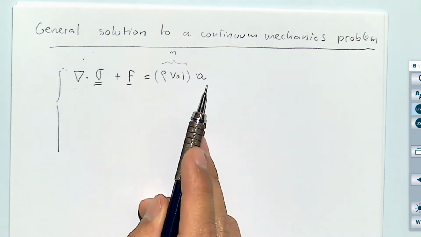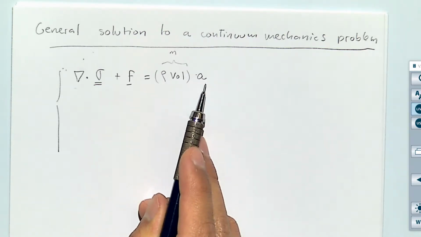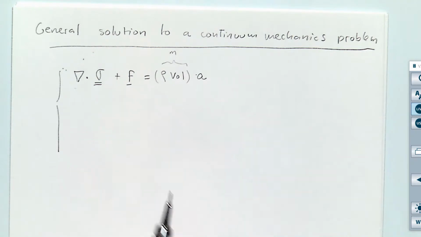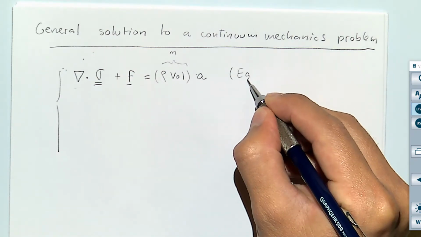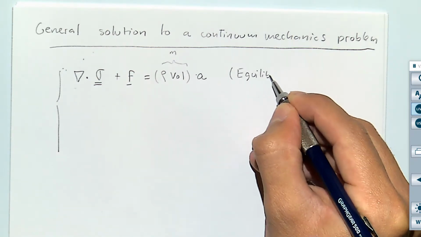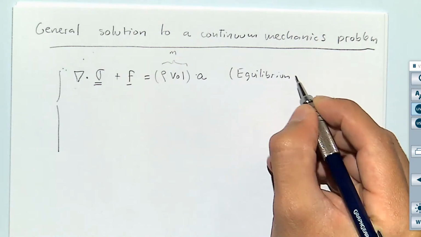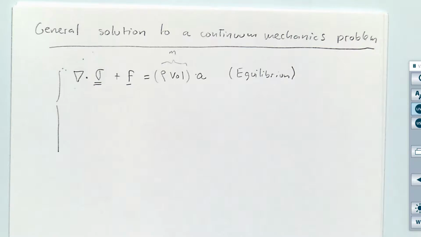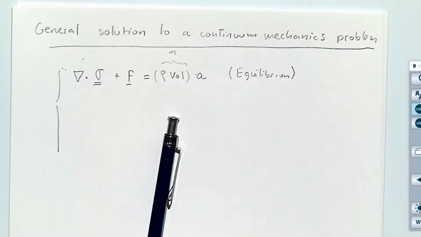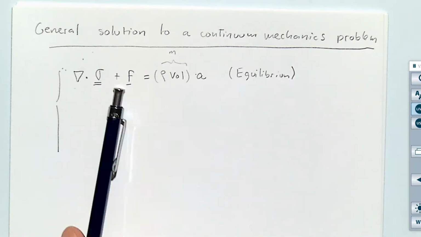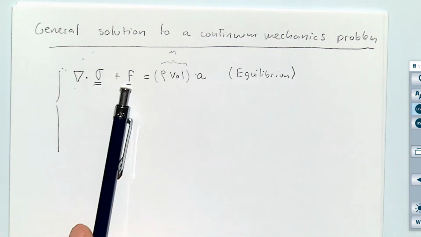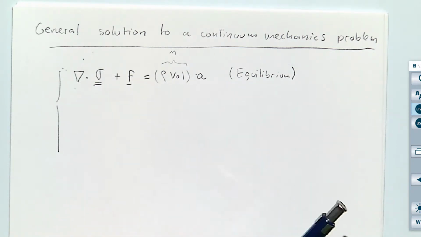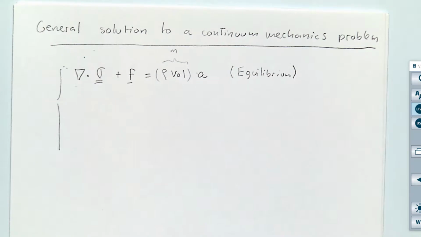This is Newton's second law, and it's basically equilibrium. These are the Cauchy equilibrium equations. Remember, this is just force or stress equal to mass times acceleration. That was the first equation.